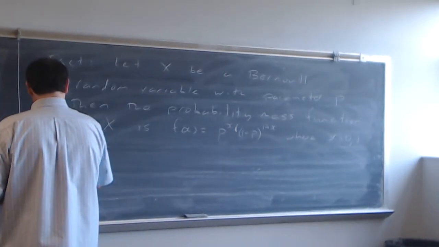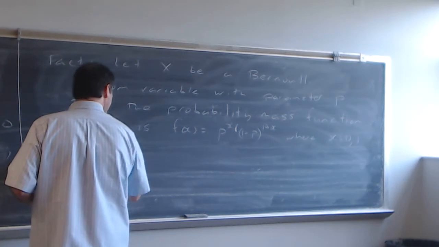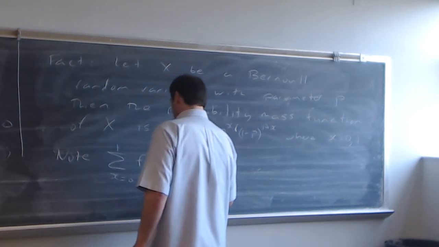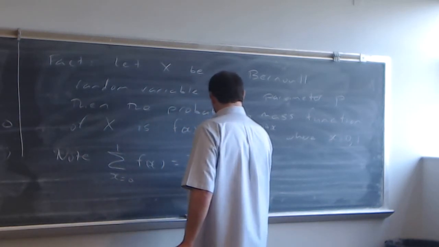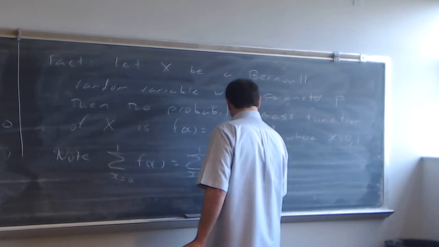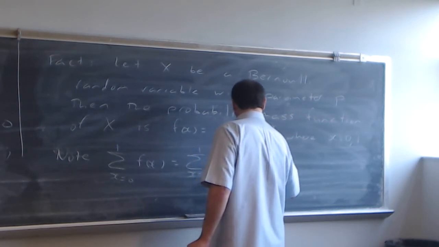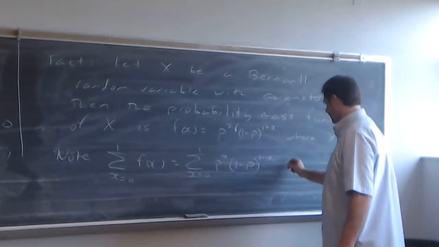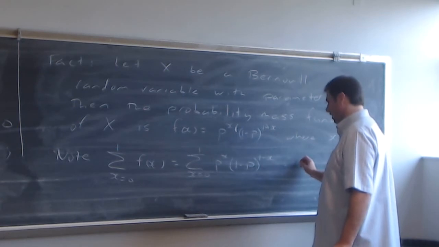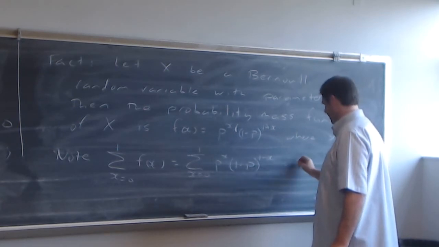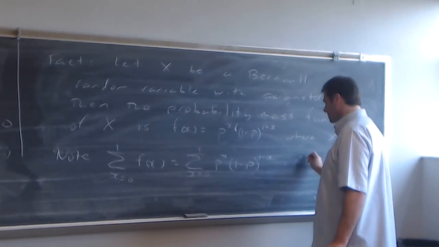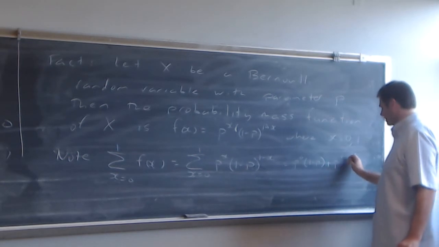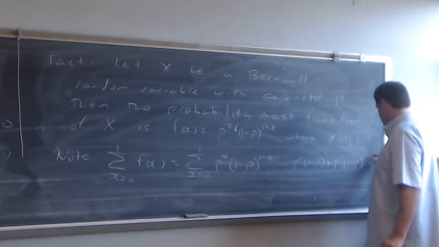Well, note the sum as x runs from 0 to 1 of f of x equals the sum as x runs from 0 to 1 of p raised to the x times 1 minus p raised to the 1 minus x. If you expand that, when x is 0, you get p to the 0 times 1 minus p, plus, when x is 1, we get p to the first times 1 minus p to the 1 minus 1.